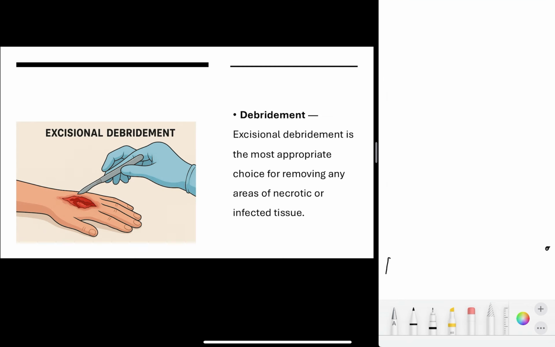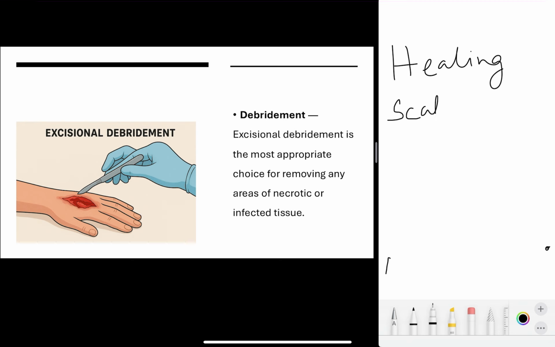Next, coming to debridement. Excisional debridement is the most appropriate choice for removing any areas of necrotic or infected tissue. So this series of excisional debridement will help in healing of the wound. Sharp excisional debridement can be used as shown in the picture.